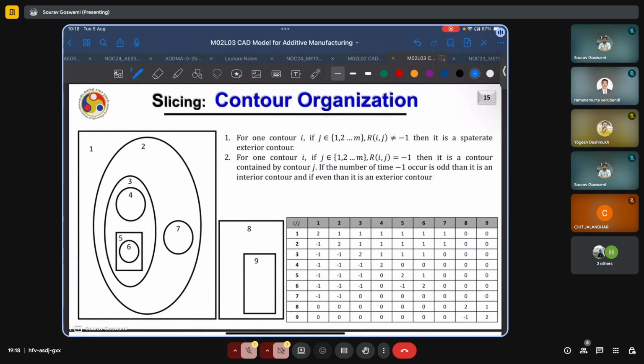Additionally, what we can also find out is which of these are exterior contours, as in an exterior contour marks the exterior boundary and it will have material within it, or whether it's an interior contour which will be hollow from the inside.